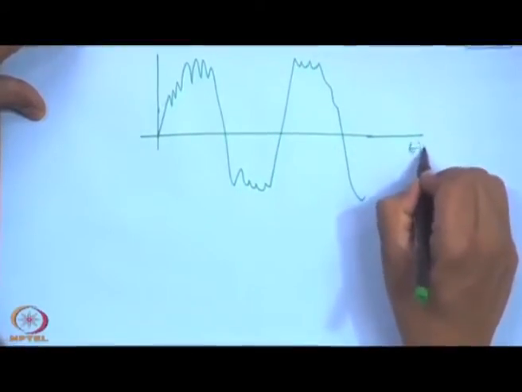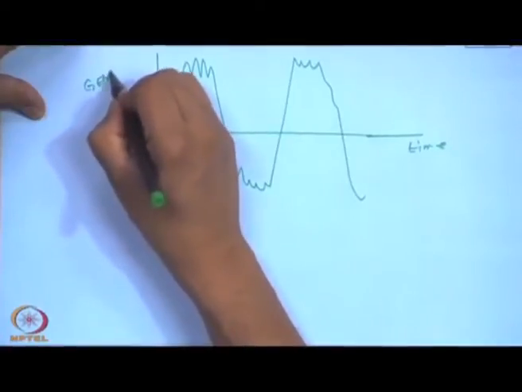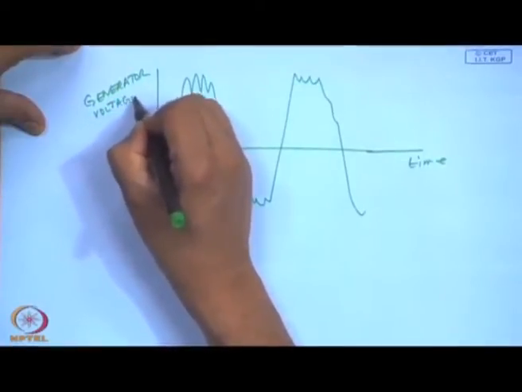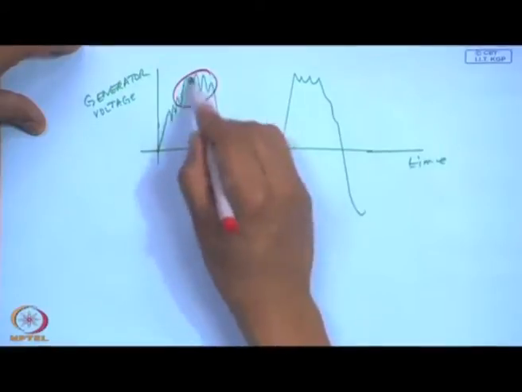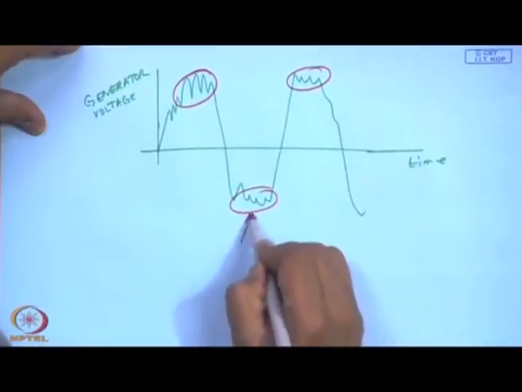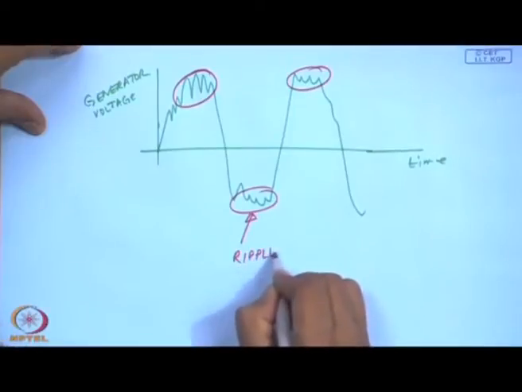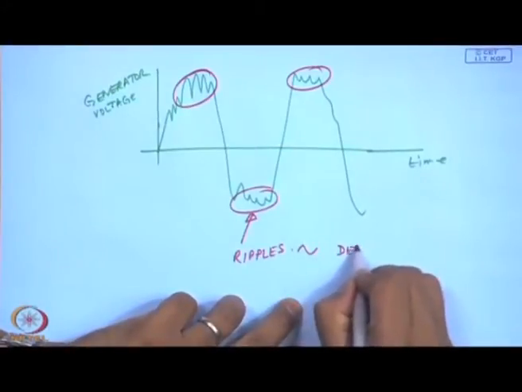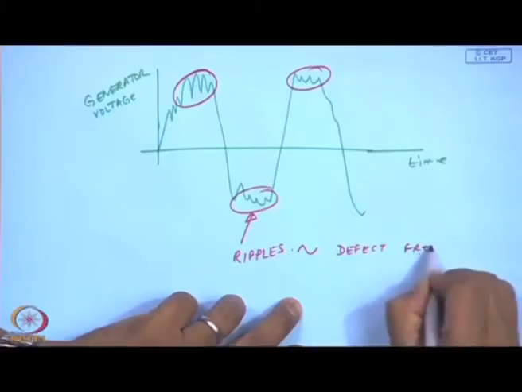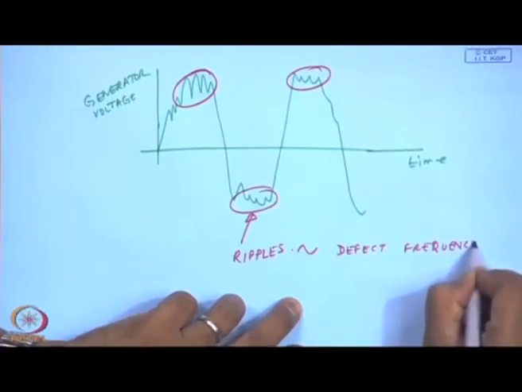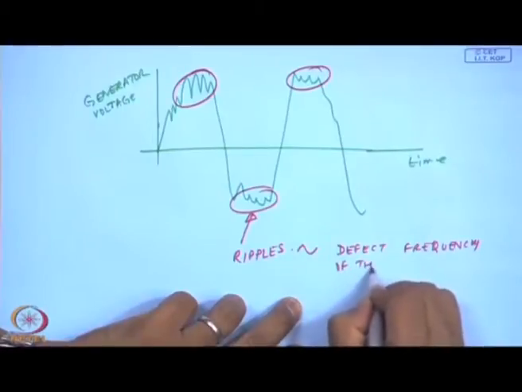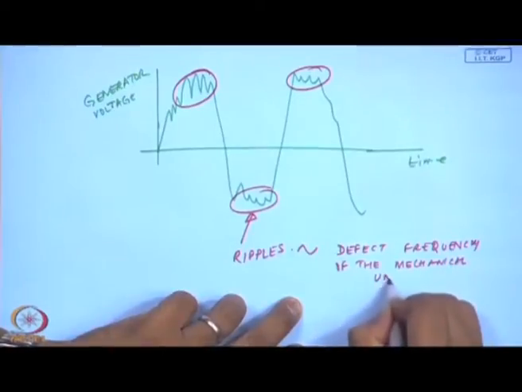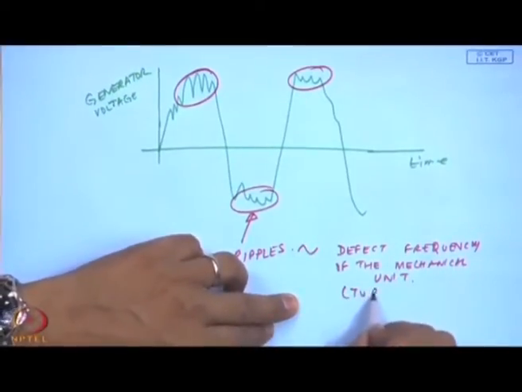This is the time axis and this is the generator voltage, and these ripples are at the defect frequency of the mechanical unit, and that is the turbine in our case.